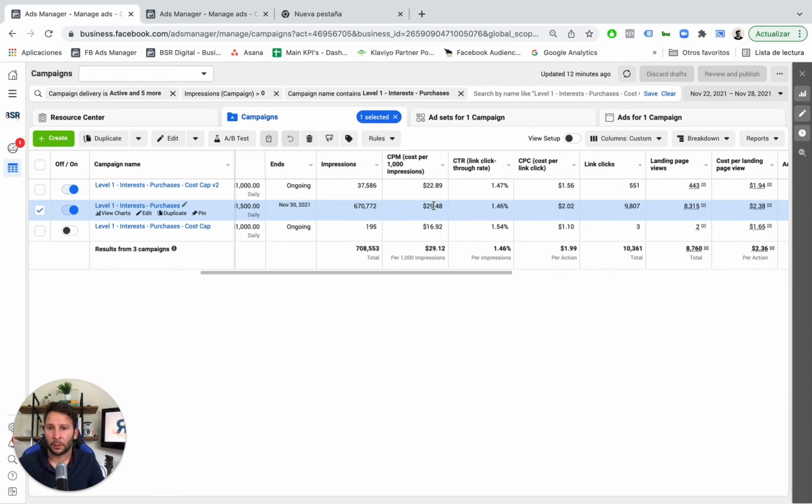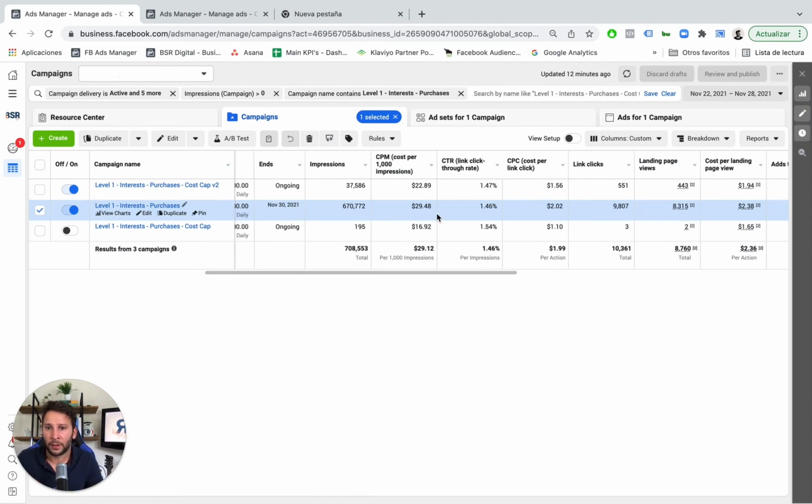There could be a lot of things, but it's mainly the auction, right? The keywords you're bidding for are more expensive, or it could be that people are reporting your ads, so you're getting the CPM higher because Facebook is penalizing you because it doesn't want you to show your ads, or if you're going to do it anyway, you're going to pay higher numbers or prices for that.